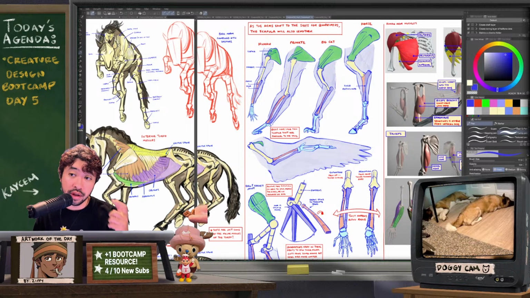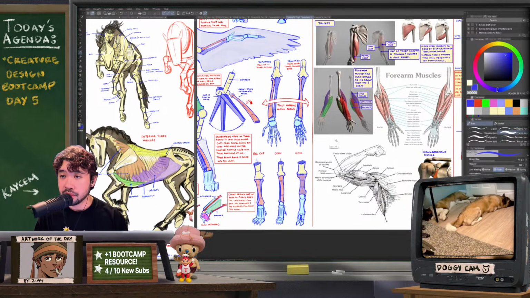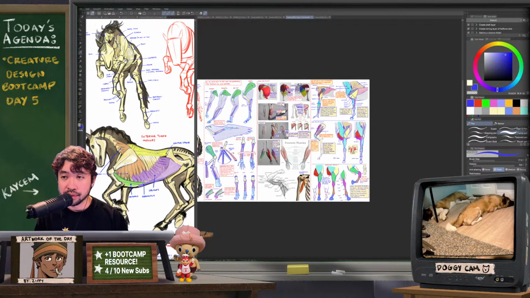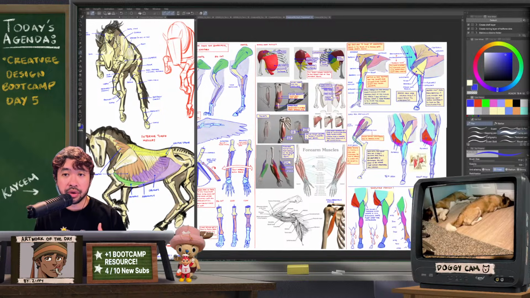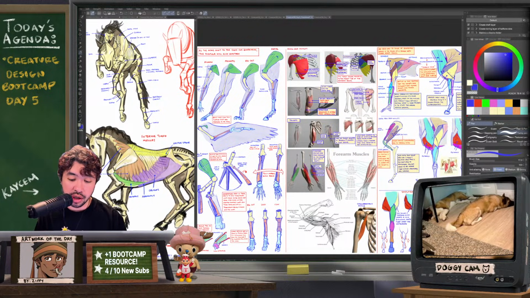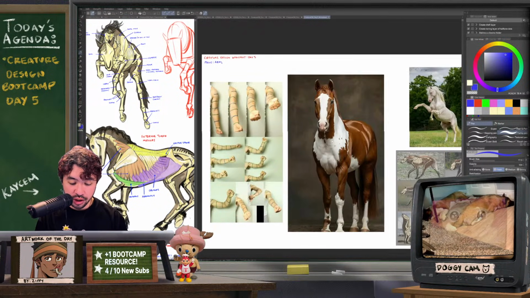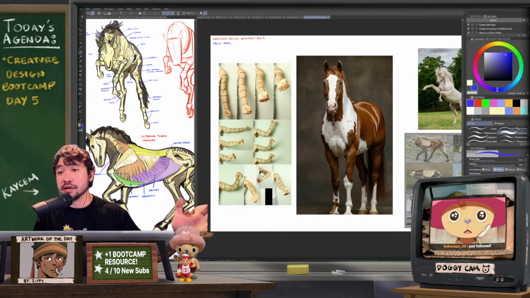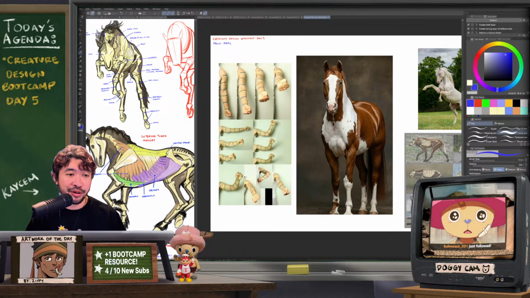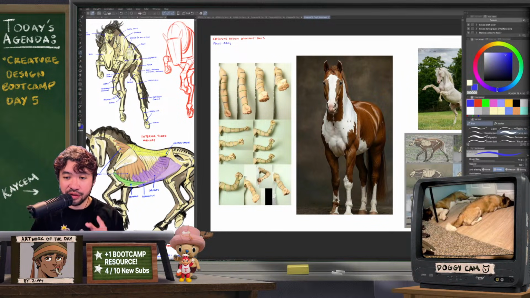Different types, but not all of them. The range of motion, and then actual muscles. So this is essentially a recap of what we're going to cover on today's stream. But in today's stream in particular, we're going to have a couple of references that we're going to use together. So that way, for those of you who are following along, it's hopefully not going to be too scary. Okay? Not too scary.